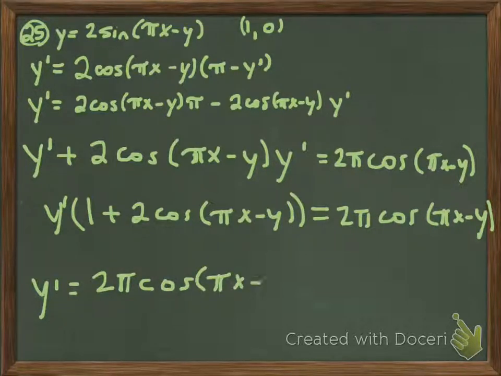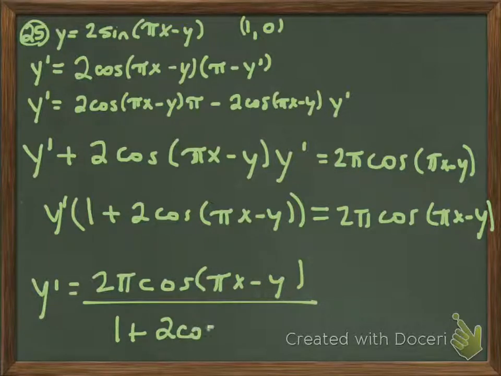Cosine pi x minus y over 1 plus 2 cosine pi x minus y. Oh my God, there we go. Yes? All right, so what are we going to do now?